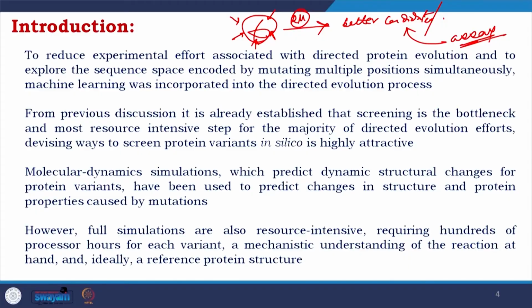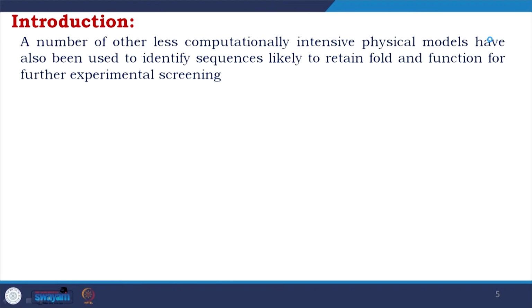It requires hundreds of processor hours for each variant and a mechanistic understanding of the reaction at hand and a reference protein structure. You need them to perform simulation. A number of other less computationally intensive physical models have also been used to identify sequences likely to retain fold and function for further experimental screening.